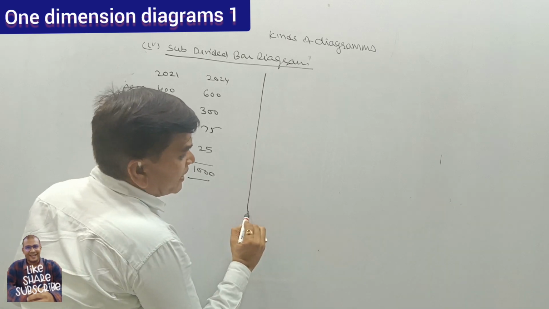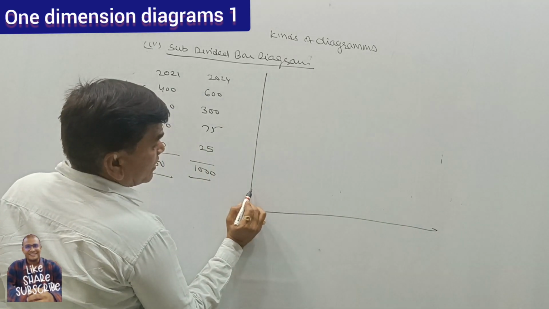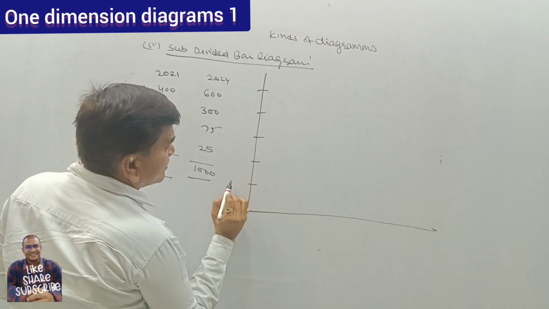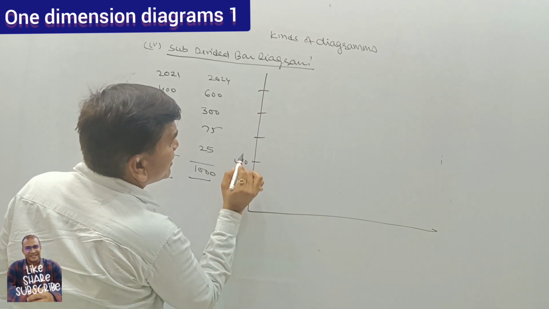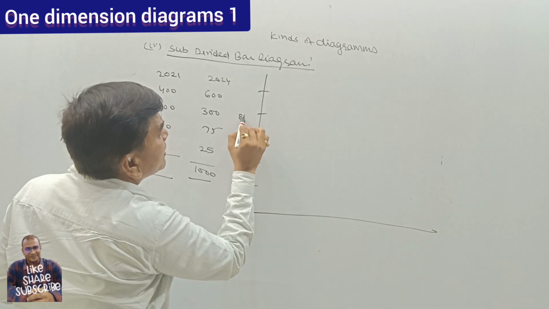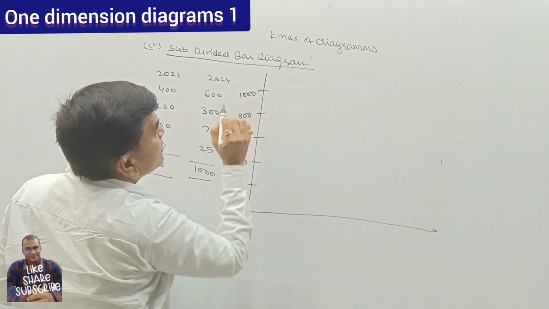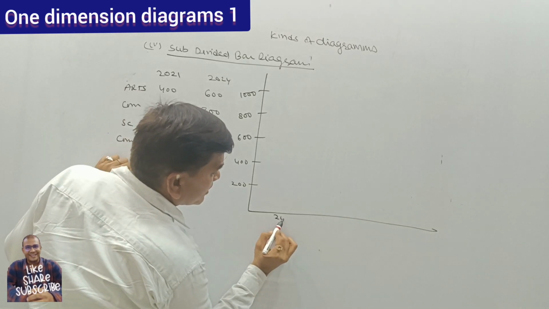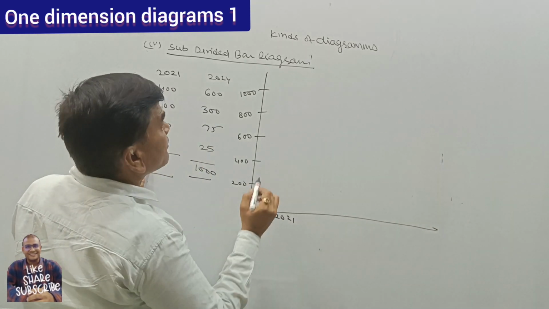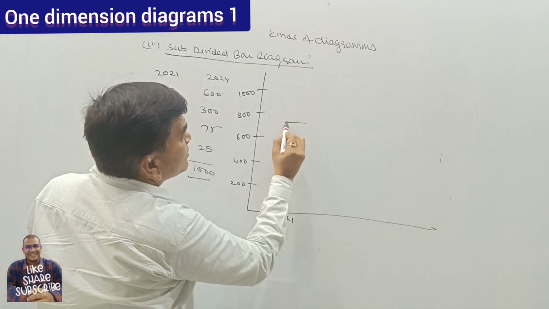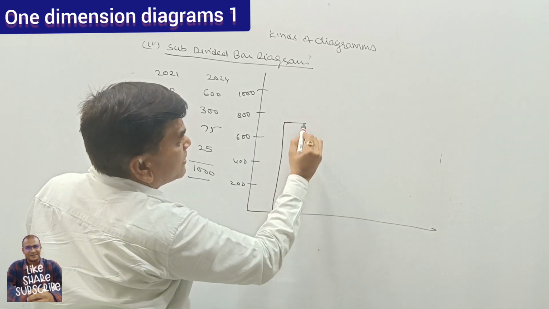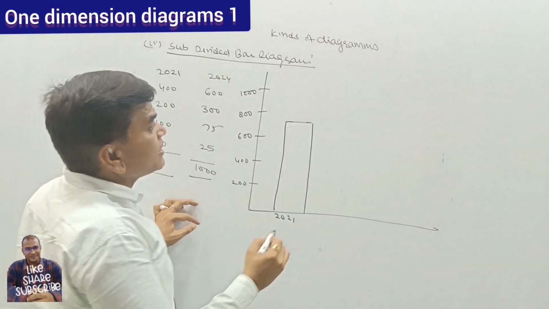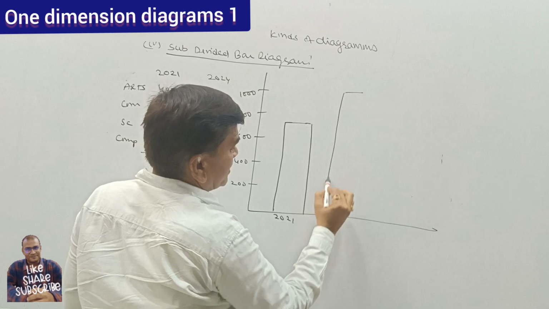For that we draw the axis with 200, 400, 600, 800, 1000. First we show the total in 2021. The total is 750, so 750 is here. Next one is 1000, so the second is 1000.